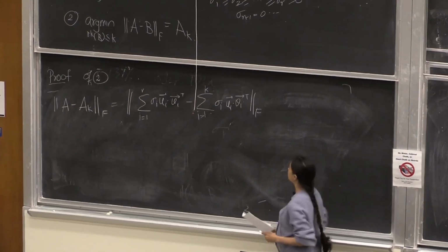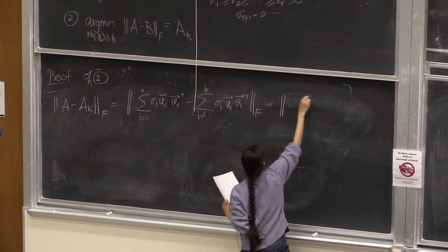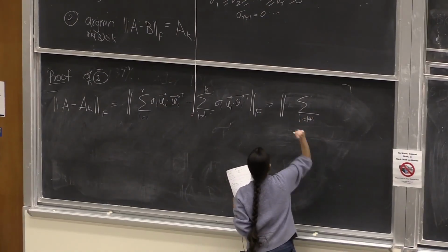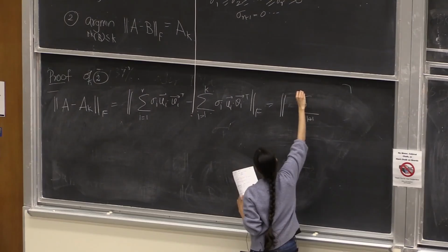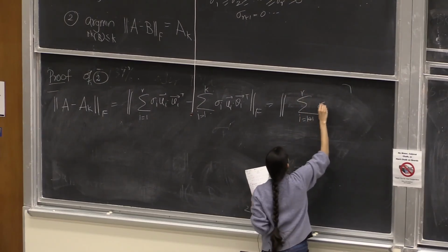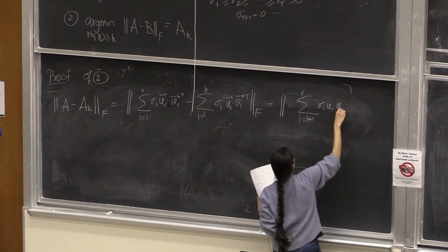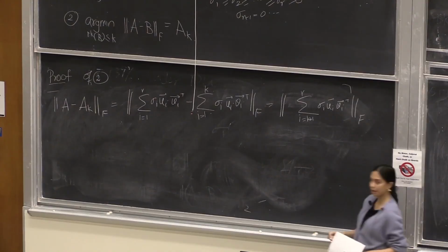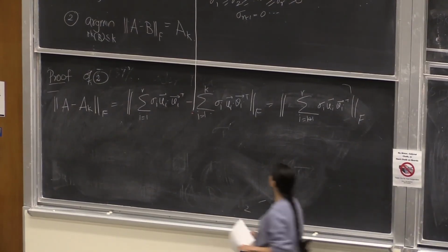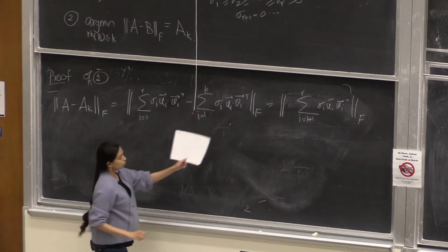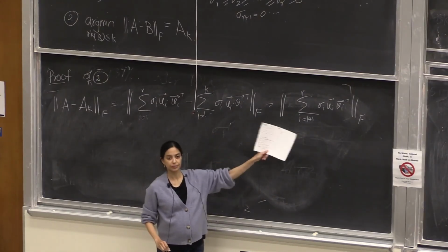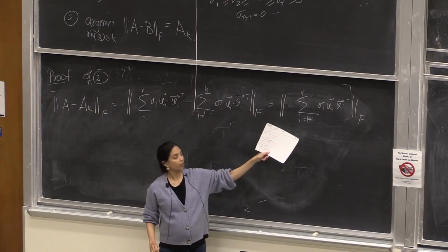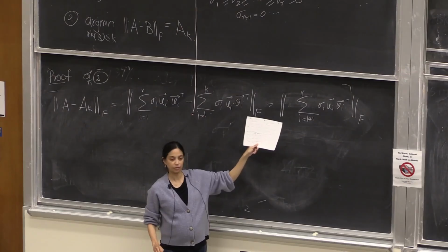Okay, so when I take this difference, this is just the sum, i going from k plus 1 to r, of sigma_i u_i v_i transpose. Okay? So now when I look at this, I can write this as a diagonal matrix, right?